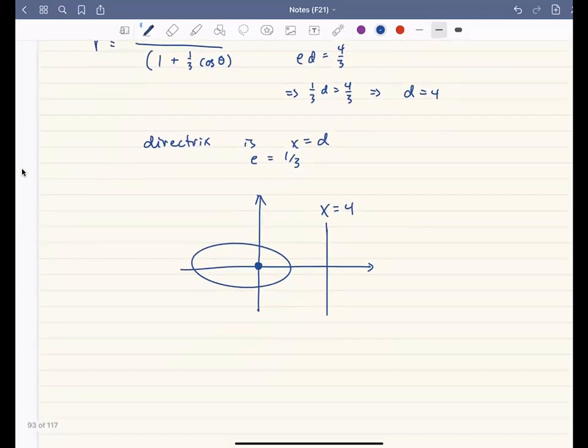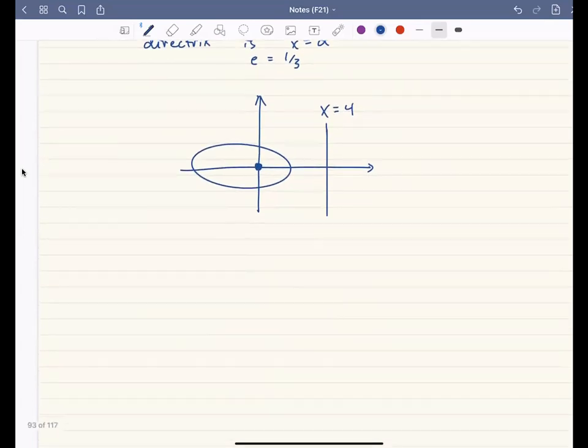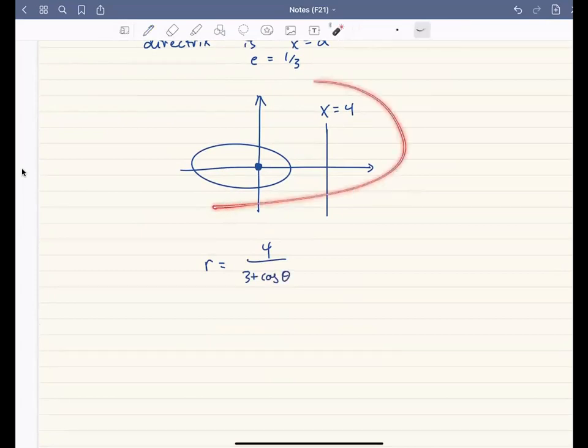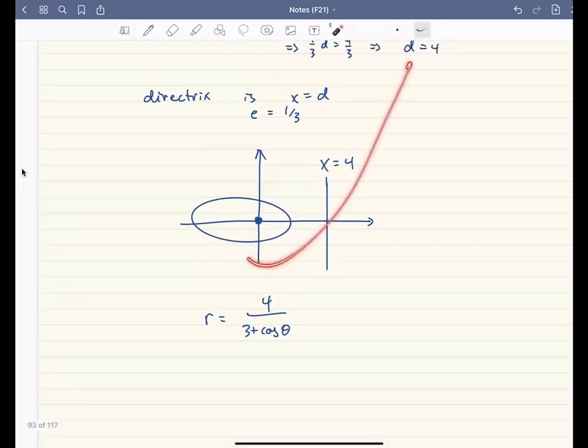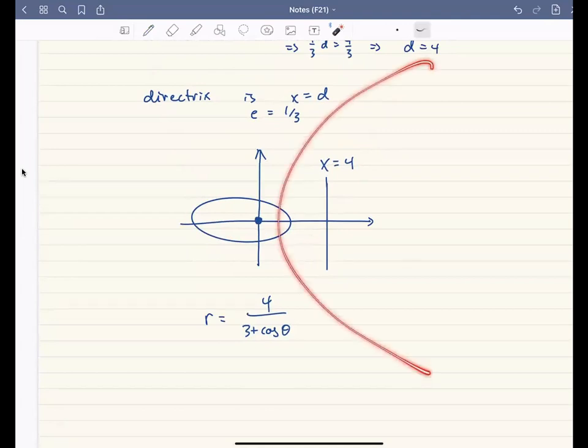Just to go back, in the last comment that I'll have in this video, we had 4/3 plus cosine theta, and ellipses are the only ones that are finite shapes. What I mean is that they're really bounded. You can fit them inside some circle. Parabolas and hyperbolas go to infinity.